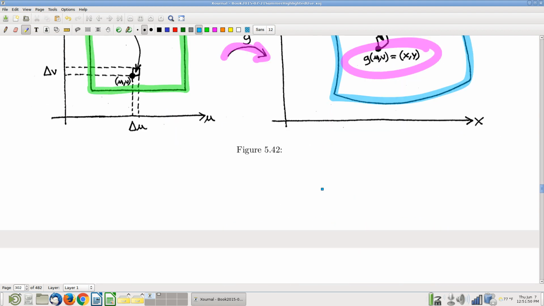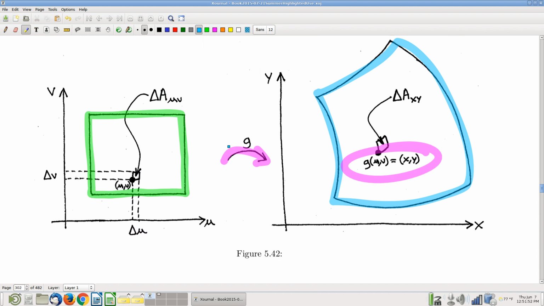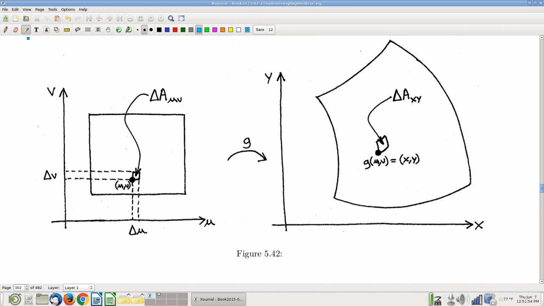So here in this two-dimensional case, what we're talking about then is if I have some little rectangle there, delta u times delta v being the area, its image is going to be, well, I mean, gosh, exactly what? I don't know, it's hard to say. But its image is going to be kind of a parallelogram-looking little thing, depending on the nature of the function and how that function behaves.